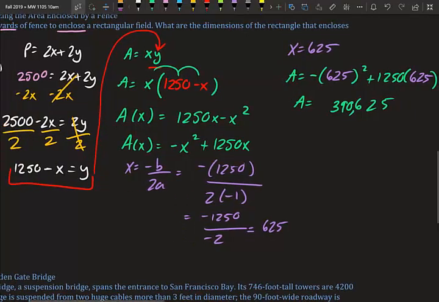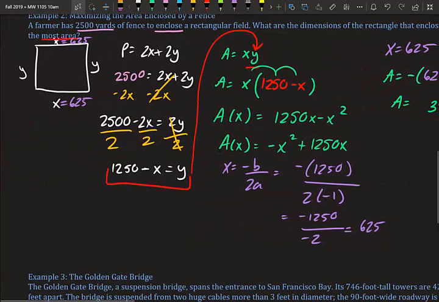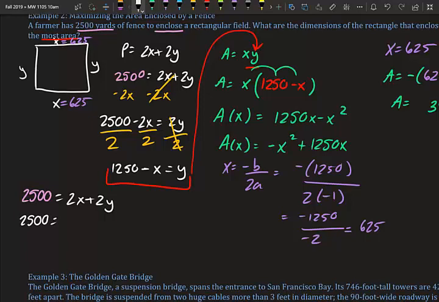So after we find the area, to find the dimensions, I'm going to bring down the perimeter equation again. The perimeter is 2,500 equals 2x plus 2y. And we have x, it's 625. So we have 2,500 equals 2 times 625 plus 2y.